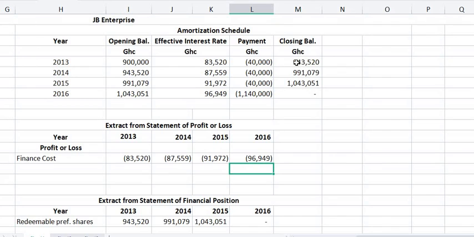So at the end of 2013, we have this as our closing balance for 2013, this as our closing balance for 2014, this as our closing balance for 2015. Remember 2016, it is going to be redeemed. So we won't have any value present.